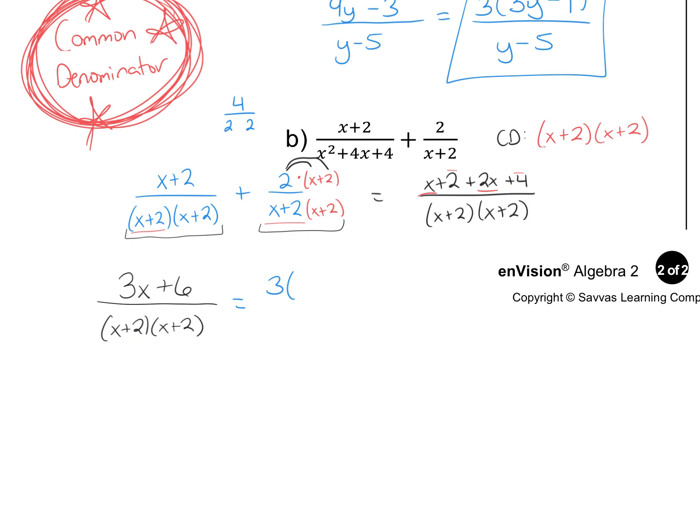What's left? x plus 2. Did I do anything with my denominator? Nope. What's the very last thing we're going to do? See if you can cancel out. How many x plus 2's cancel out? Only one. So what is left on my numerator? Yes, 3 over x plus 2.